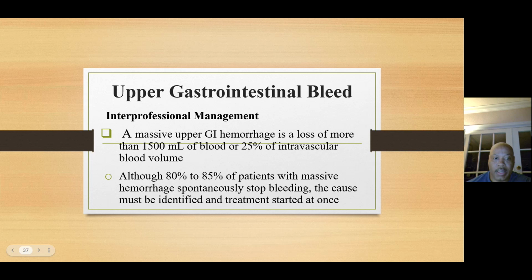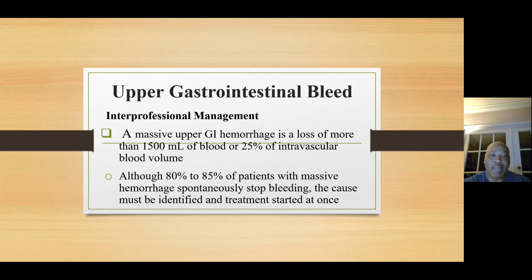All right. Now, the goal of endoscopic hemostasis is to coagulate or thrombose the bleeding vessel. So, in other words, we want to clot off the bleeding so it can stop bleeding. Several techniques are used to do this.